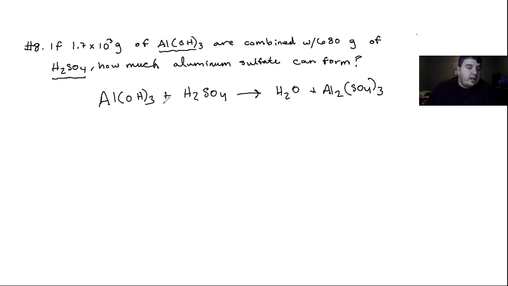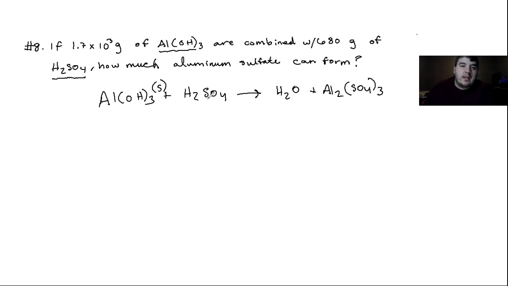And then of course there's ammonia, calcium, and barium, which will also cause it to be aqueous. However, aluminum is not included in that list, so we can say that this is a solid.